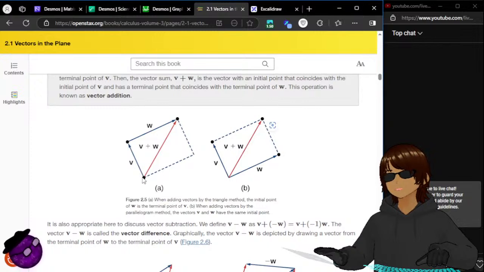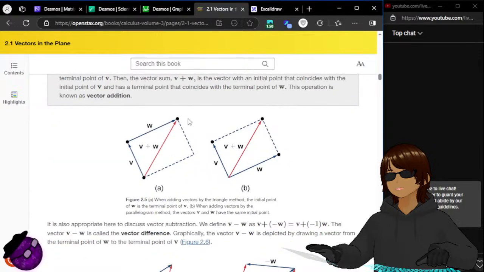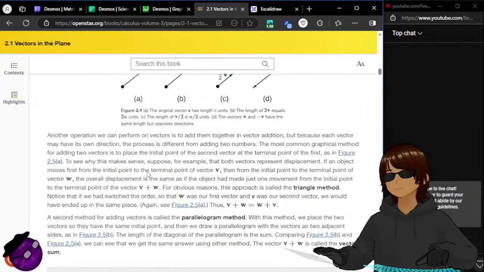Here we're adding v and w. So we place the initial point of w at the terminal point of v, and going from this direction to this direction is the same as going this direction. And this is how we represent the sum of vectors.